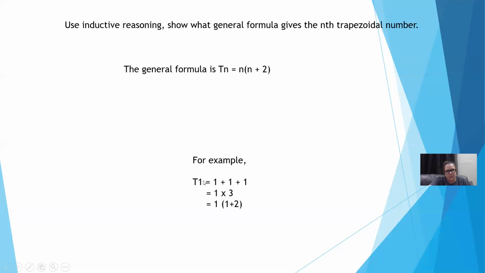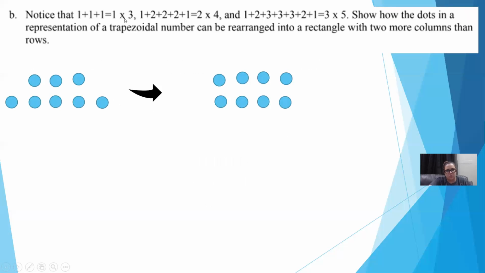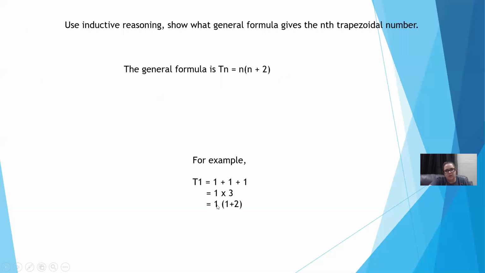So T1 equals the 1 plus 1 plus 1, which we just found out and already knew was 1 times 3. And then to apply it to the equation, it is going to be 1 times (1 plus 2).